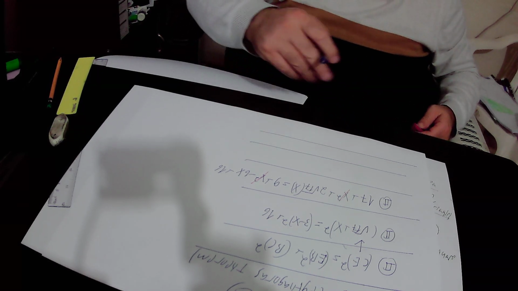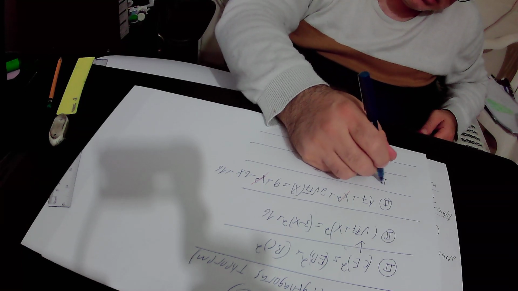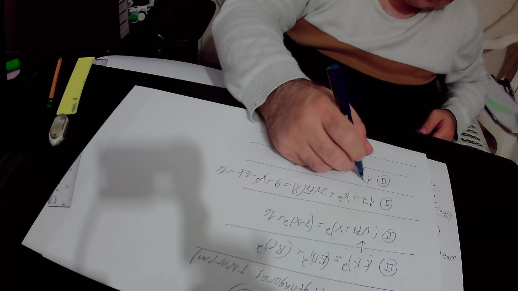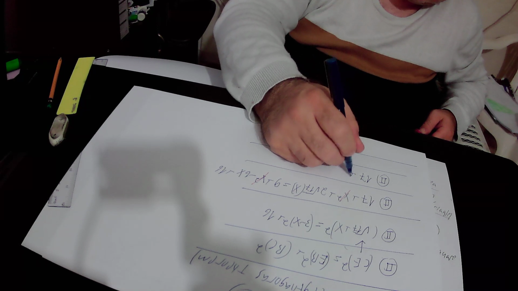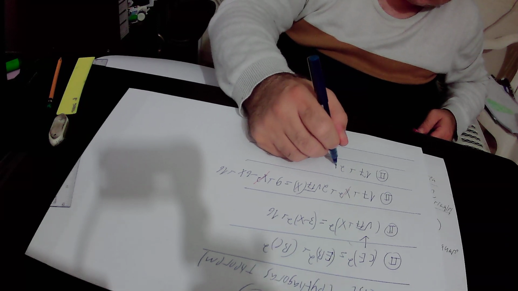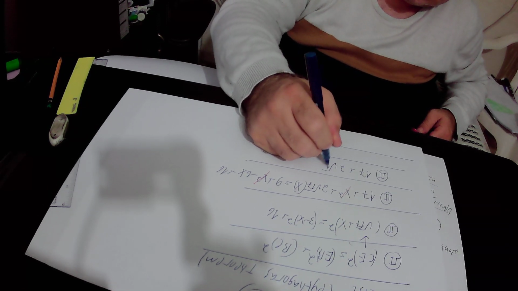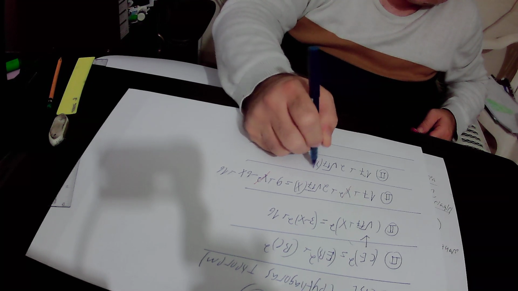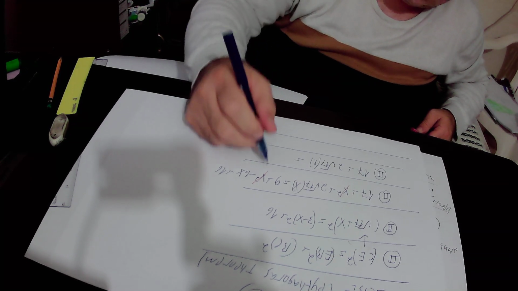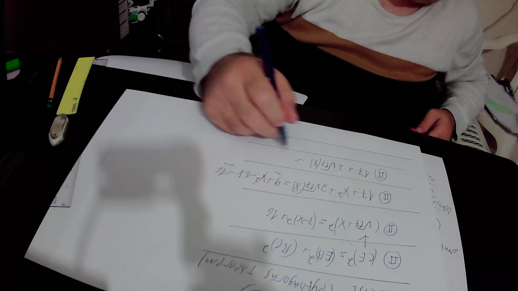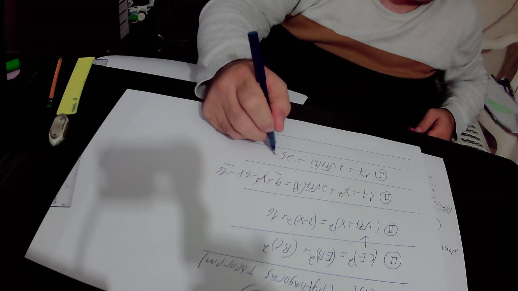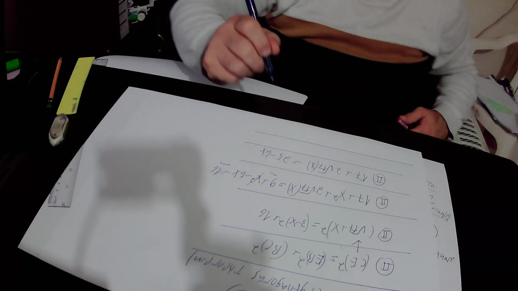In conclusion, we will get that 17 plus 2 times square root of 17 x equals to 25 minus 6x.